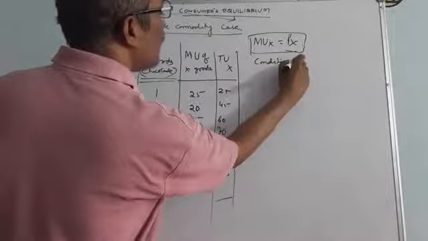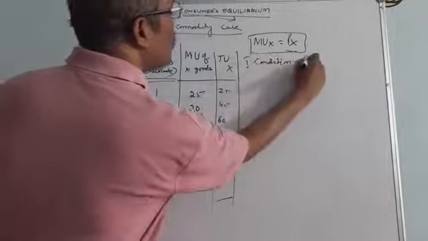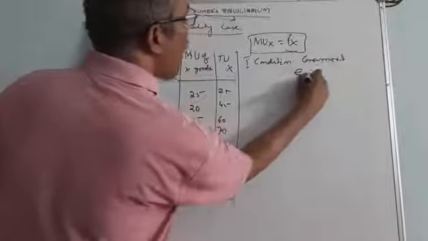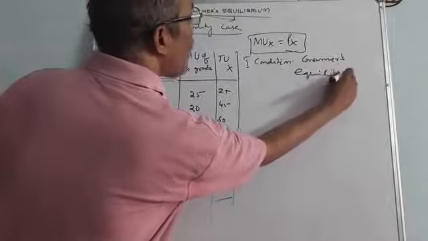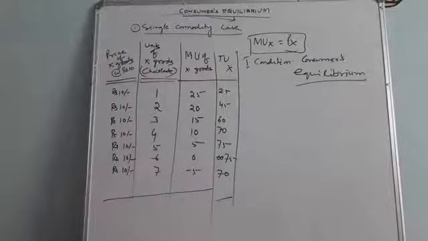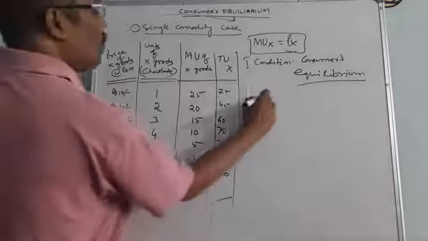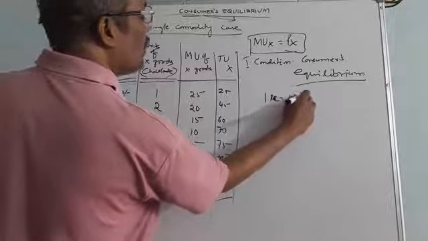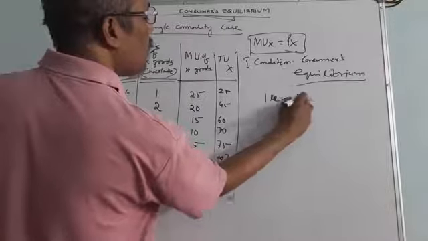First condition of consumer's equilibrium: the marginal utility of X equals the price of X. And my example is that 1 rupee equals 1 unit of utility.